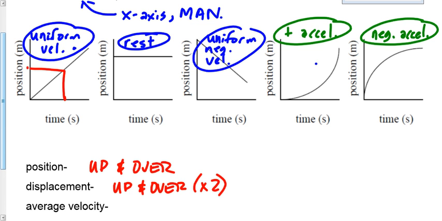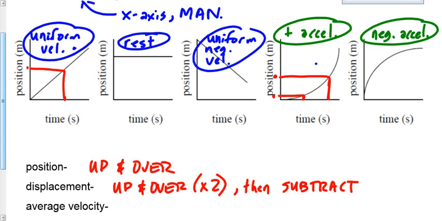So if I want to find the displacement between 2 seconds and 6 seconds, let's say, I go up and over, I go up and over, take these 2 positions and subtract them.